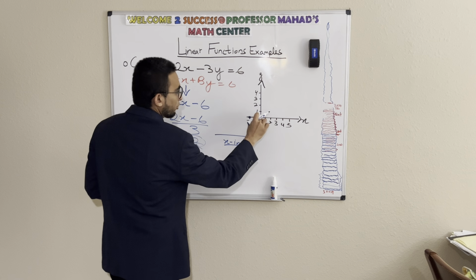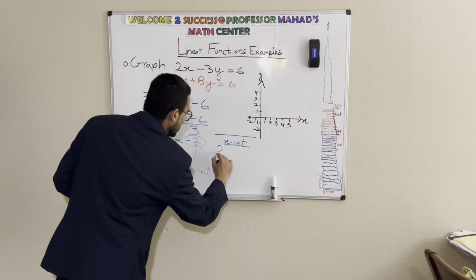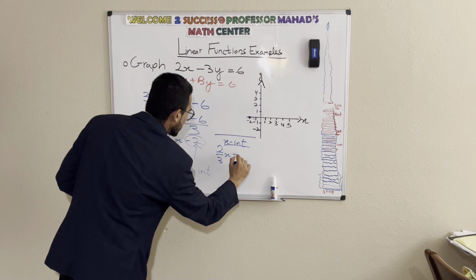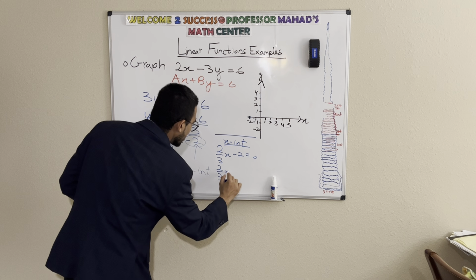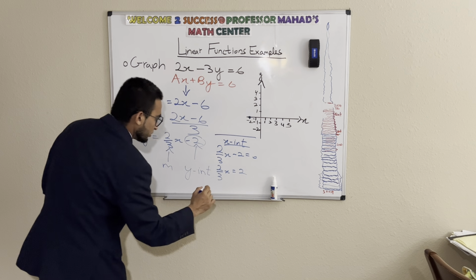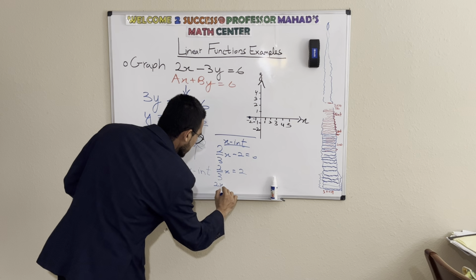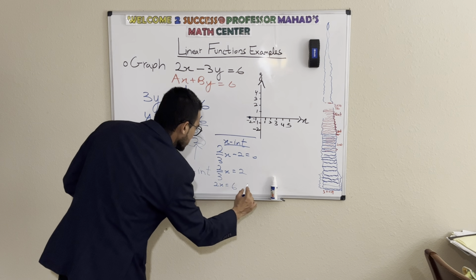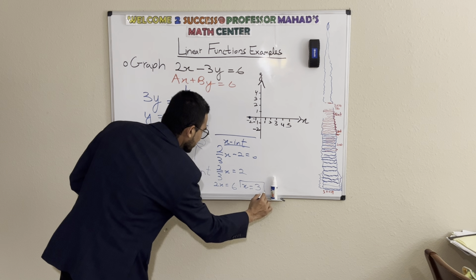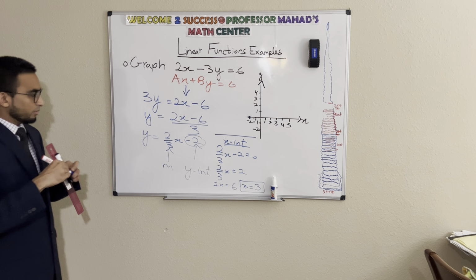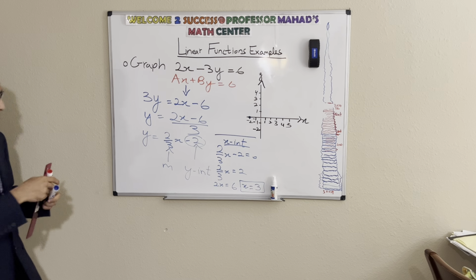At the x-intercept, the y is 0. So 2/3 x minus 2 equals 0, which gives us 2x is equal to 6. We have x is equal to 3. That is our x-intercept.